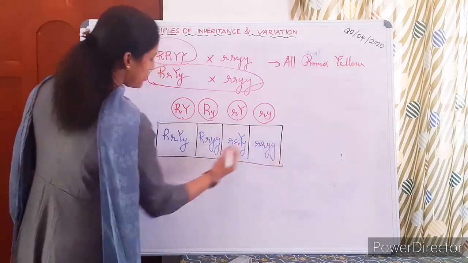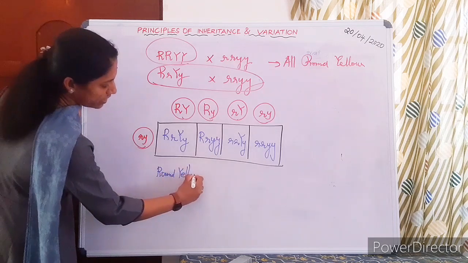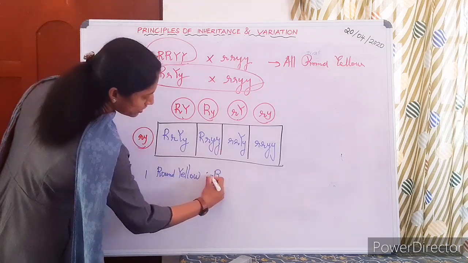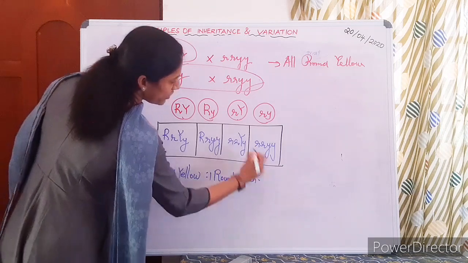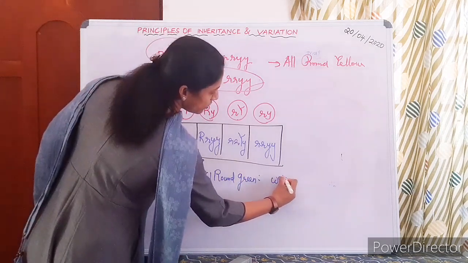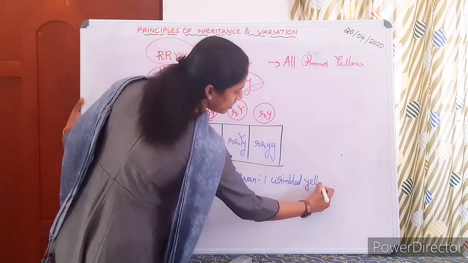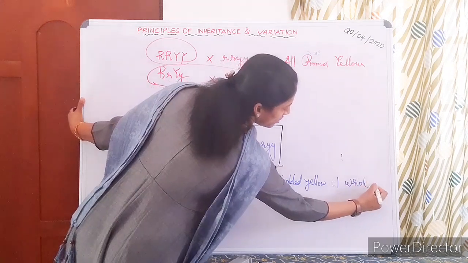In 1:1:1:1 ratio, that means round yellow is 1, round green is 1, wrinkled yellow is 1, and wrinkled green is 1.